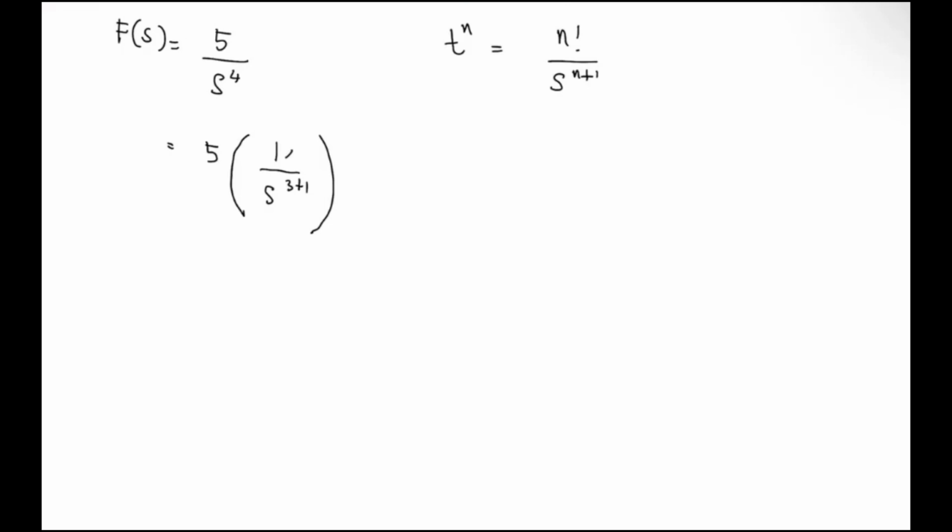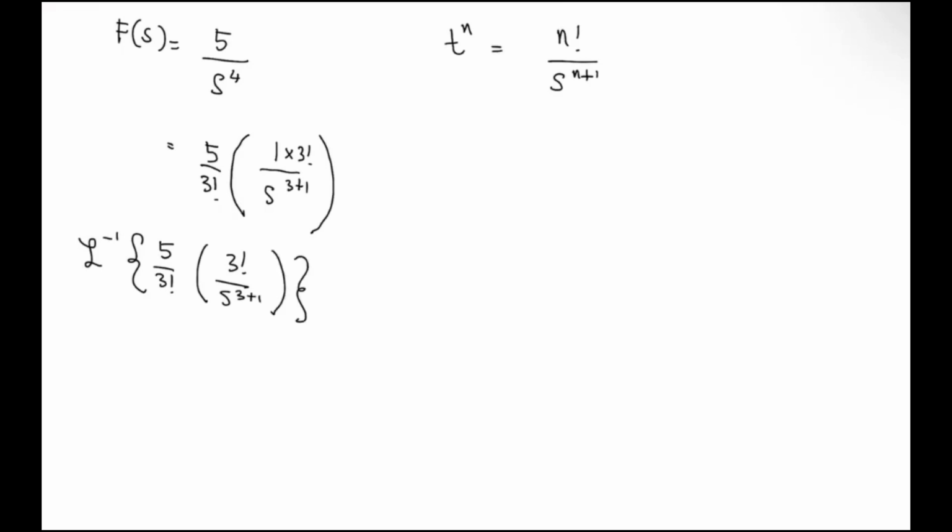So I multiply by 3 factorial here, and then in order to make it equal to 1 again, I need to divide by 3 factorial. Alright, so the inverse Laplace of F(s) is 5 over 3 factorial times 3 factorial over s^(3+1).